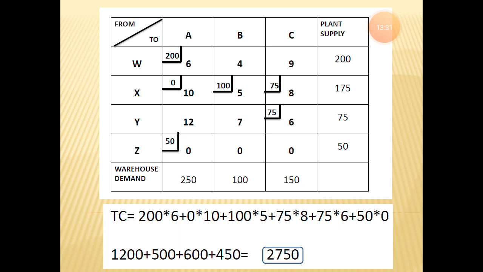Then vertically, from the A station, that is the supply, 200 plus 50 you are going to get 250. B station 100, and C station 75 plus 75 you will get 150. This is what we are going to identify.